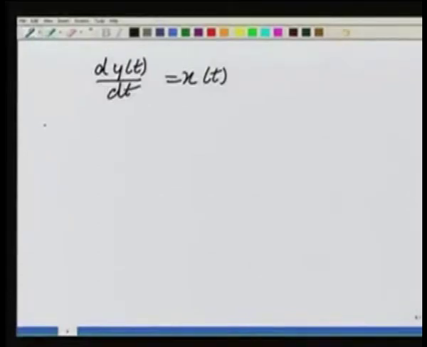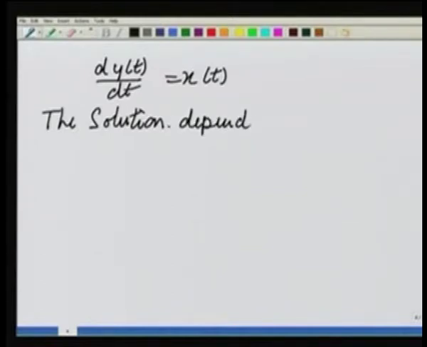Now, the differential equation has a solution, right. Now, the solution depends in general on two things. Studying the solution of the differential equation, it depends first on the forcing function.